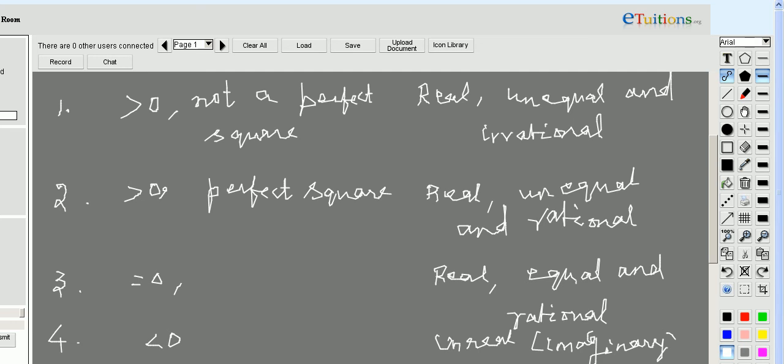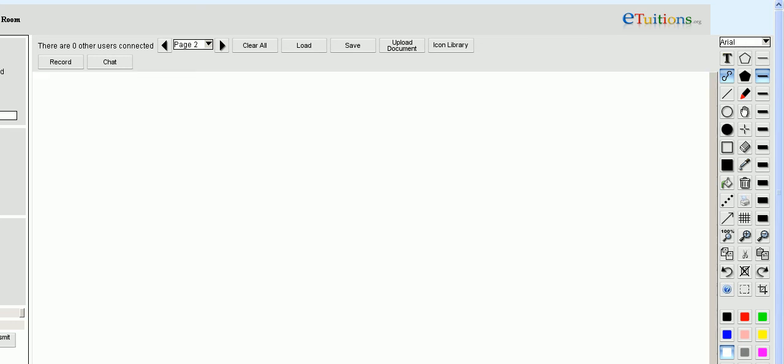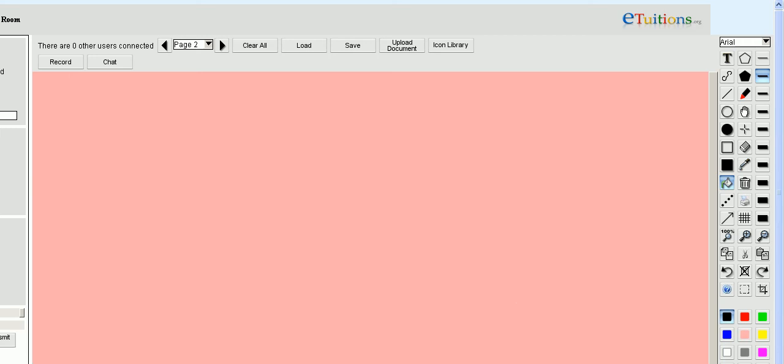Let us see one example. Suppose we want to determine the nature of the roots of the equation x squared minus 11x minus 30 equal to 0.